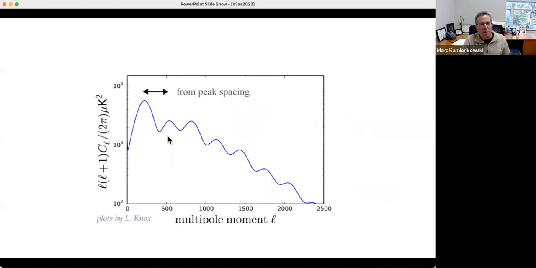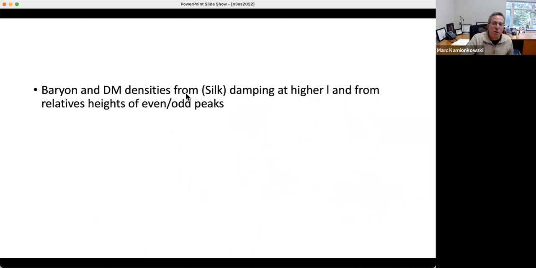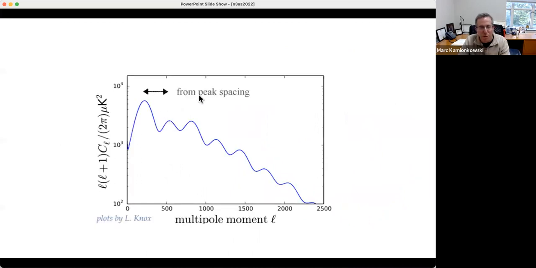Now, the matter density and baryon densities are determined from the details in these bumps and wiggles in the acoustic peaks in the CMB power spectrum. So the rate at which they damp depends on some combination of the baryon density and the matter density, and the relative heights of the even and odd numbered peaks also depend on the ratio of the matter to baryon densities.